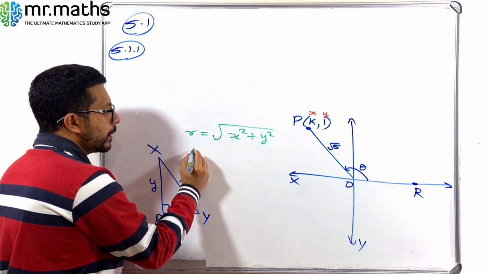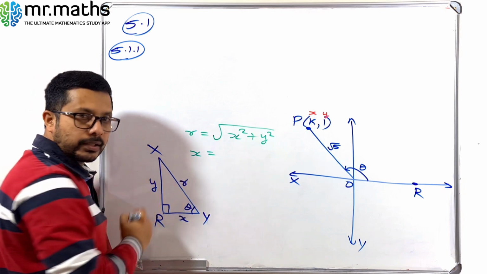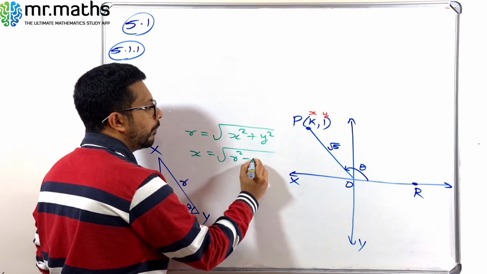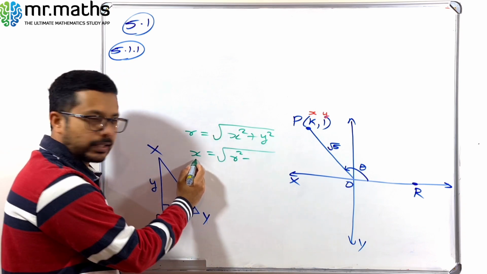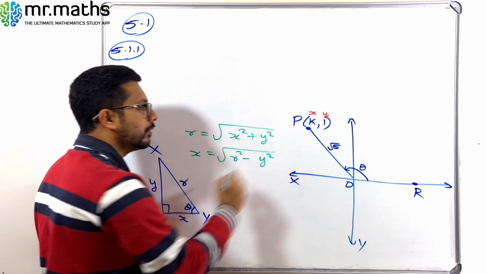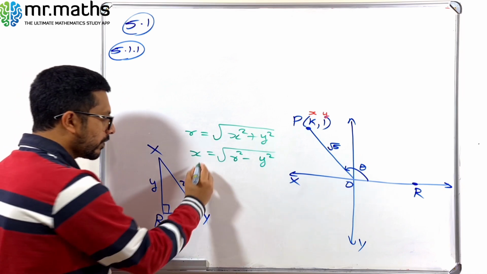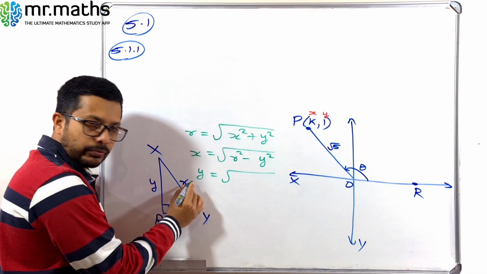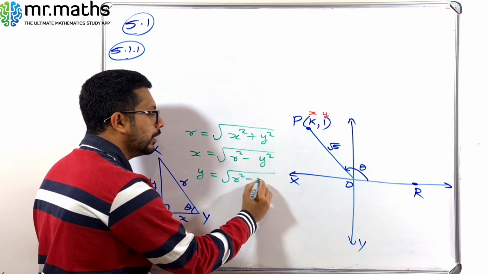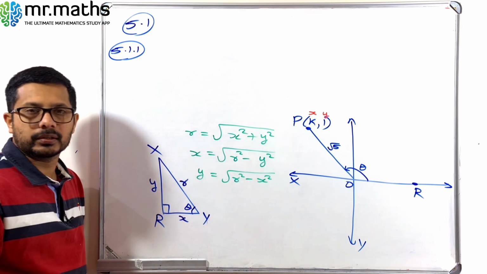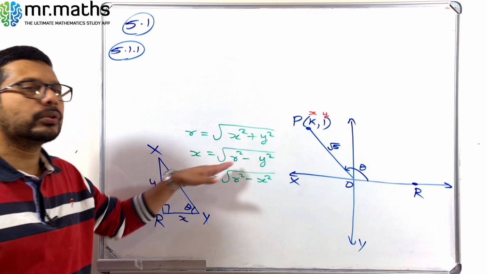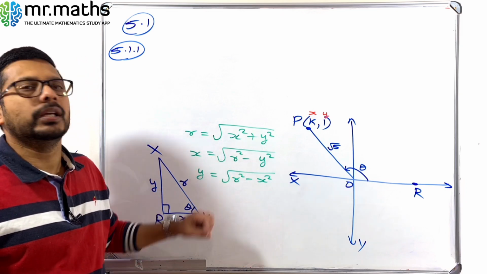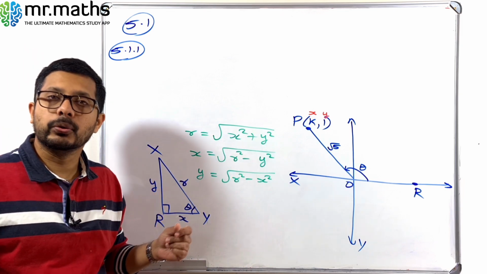If you want to find x, remember this: root of r squared minus y squared. If you want to find y, it is root of r squared minus x squared. It's easy to remember these three. Once you know this, you can write the answer quickly.